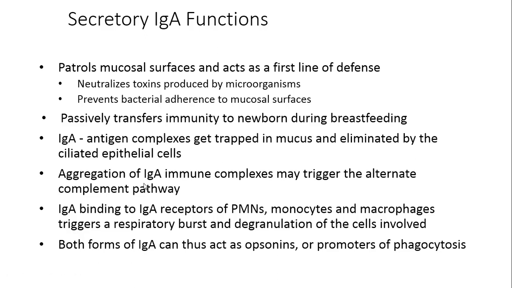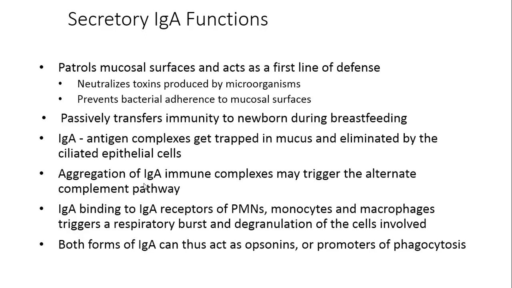IgA can bind to some receptors on things like neutrophils, monocytes, phagocytes, and trigger what we call a respiratory burst, and it releases all the granules within the cells, all of those pathogen-killing granules within the cells. So that's a fantastic thing.